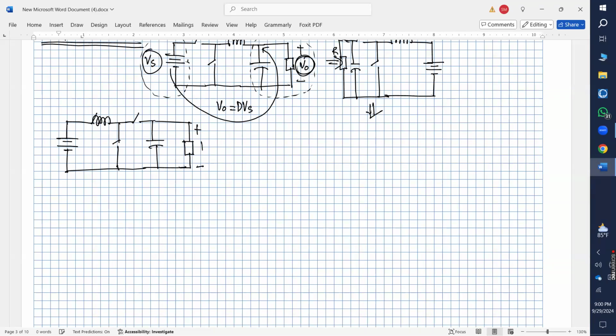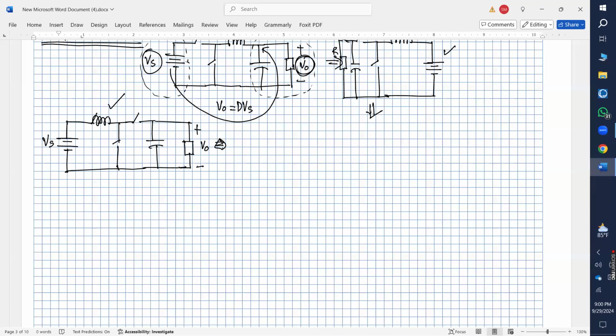Suppose now this is my output V naught and this is my input Vs. So this circuit is this circuit, right? We just made a 180 degree phase shift, right? Yes, sir.